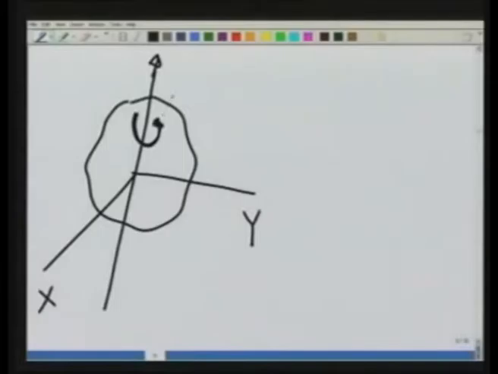I will take the right hand rule, that is, if I point my thumb in the direction of the axis, the direction of the curling fingers gives me the positive direction of omega and L, and the other way is going to be negative. Same thing with Lz.